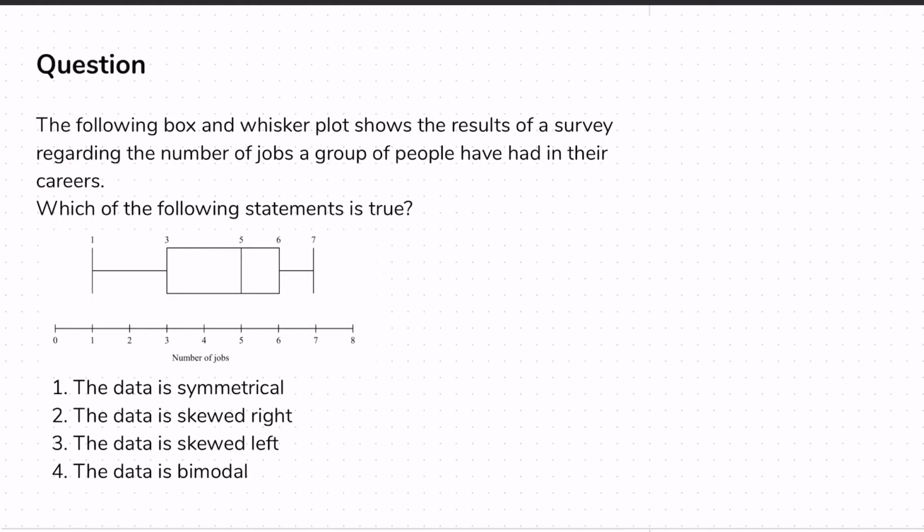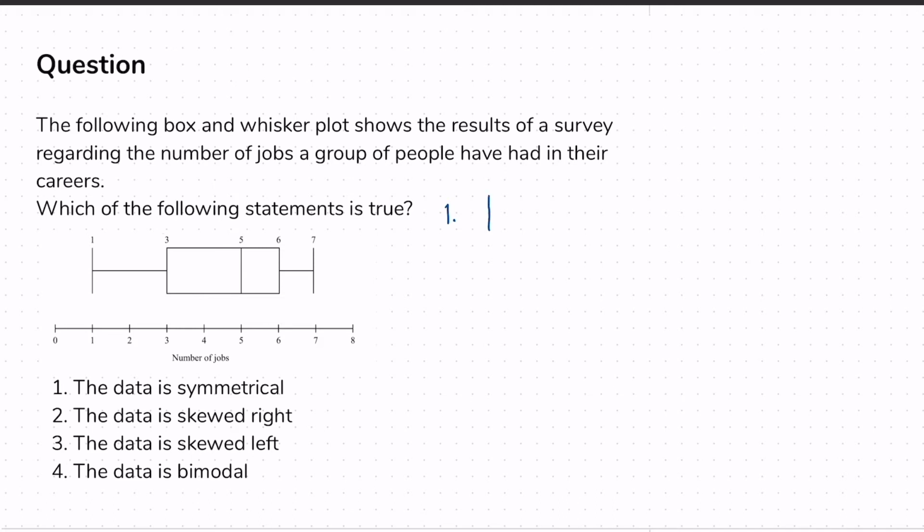Now this next question is asking us to determine which of the following statements is true. The first one is, is the data symmetrical? Now if the data is symmetrical, I would expect to see a box and whisker plot where there is symmetry in the lines.